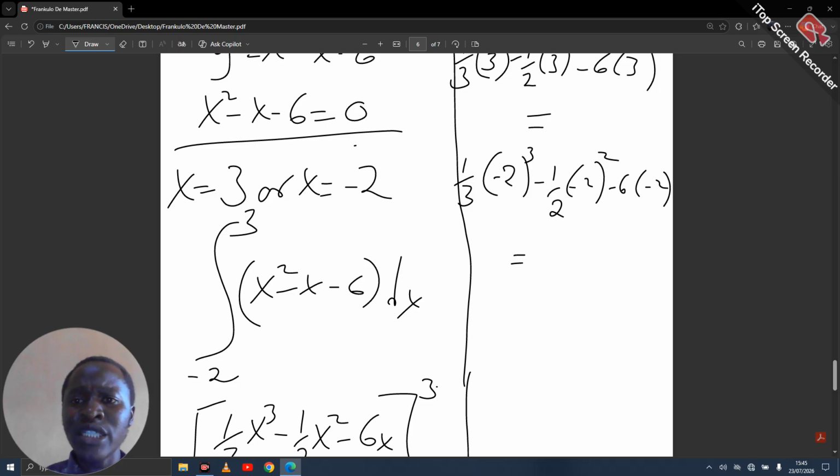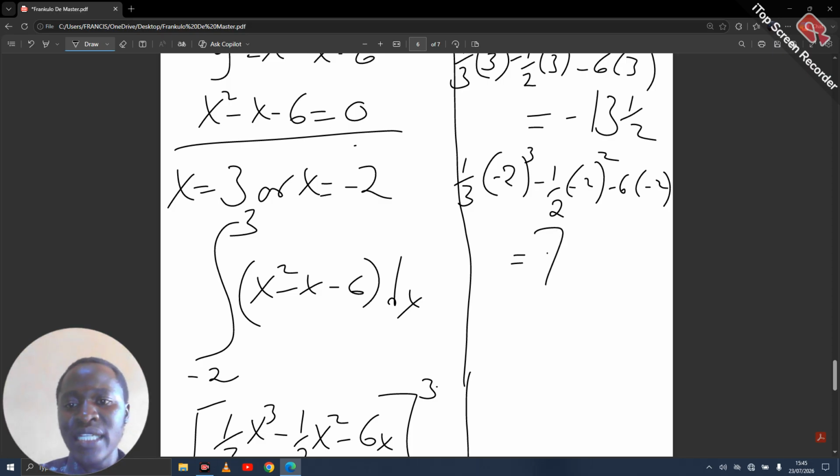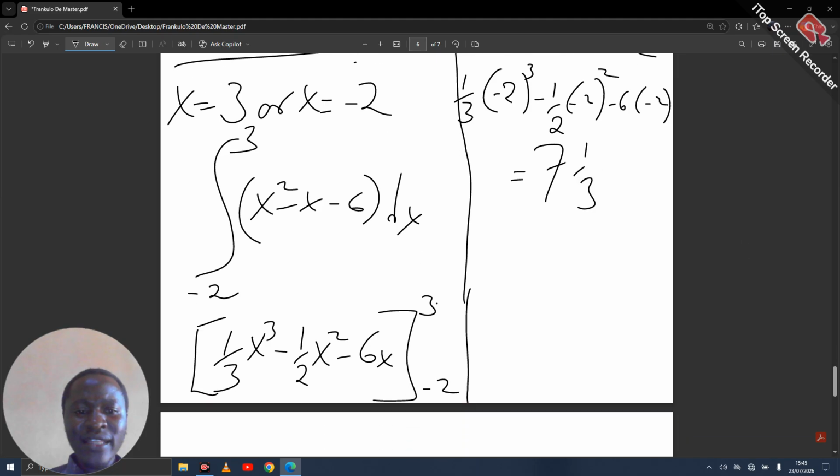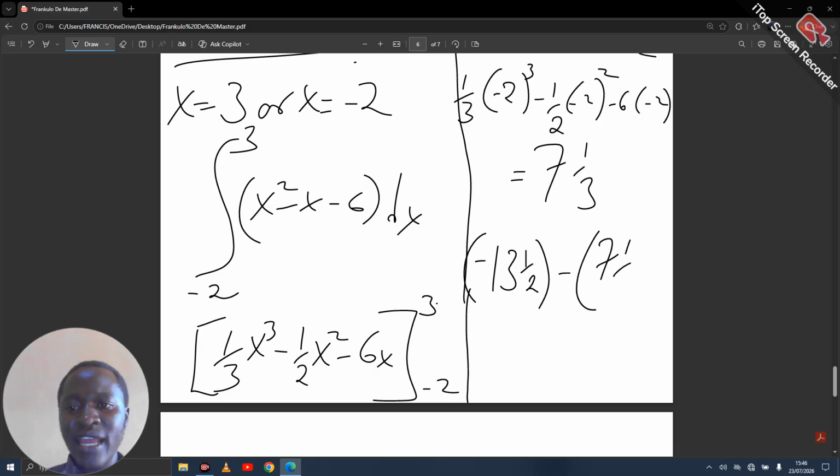For the first part, we are getting negative 13 and a half, and for this other one we are getting 7 and a third. So get the difference: negative 13 and a half minus 7 and a third. Our answer there will be negative 25 over 6.